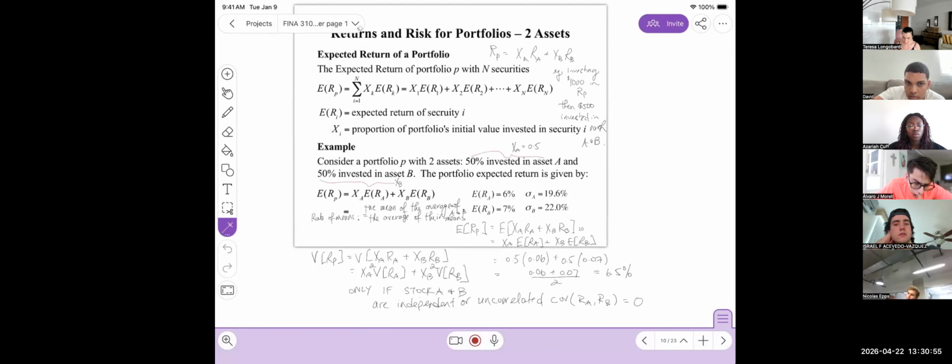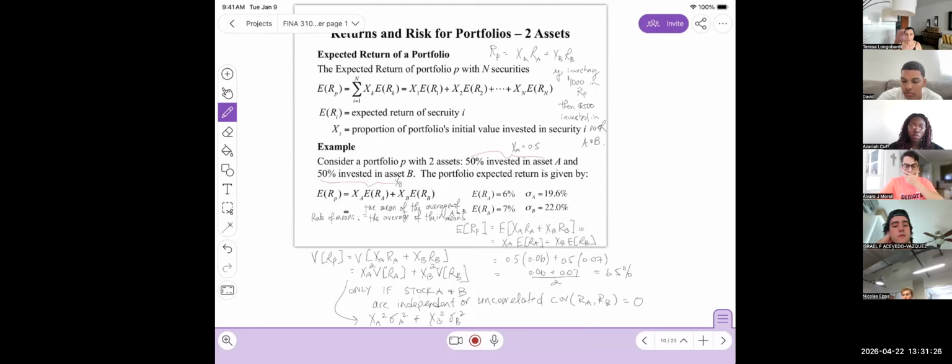So if I go back here, I could write that again to look exactly the same: XA squared sigma A squared plus XB squared sigma B squared. That's what we decided. That's true. And it's simpler as long as there's no correlation. But if there is a correlation, we have to account for it, because that's going to contribute to the overall variance.